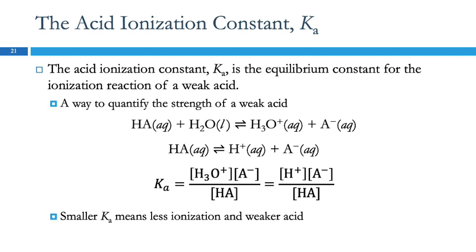So we don't include liquids or solids in equilibrium constant expressions. We can also write the same equation in a simpler form where we're just focusing on that hydrogen ion and we're kind of ignoring the fact that water is there holding the hydrogen ion. So this acid ionizes into H+ and A minus.